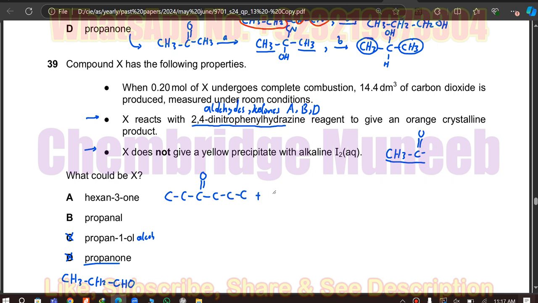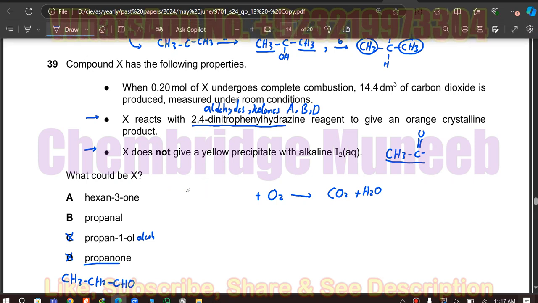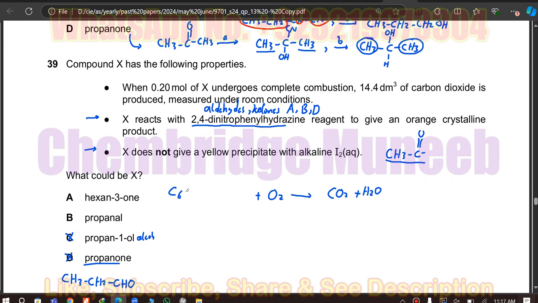It will react with oxygen O2, and the products obtained will be carbon dioxide plus water. To make it easier, I will write the molecular formula of this structure. The molecular formula is C6H12O.